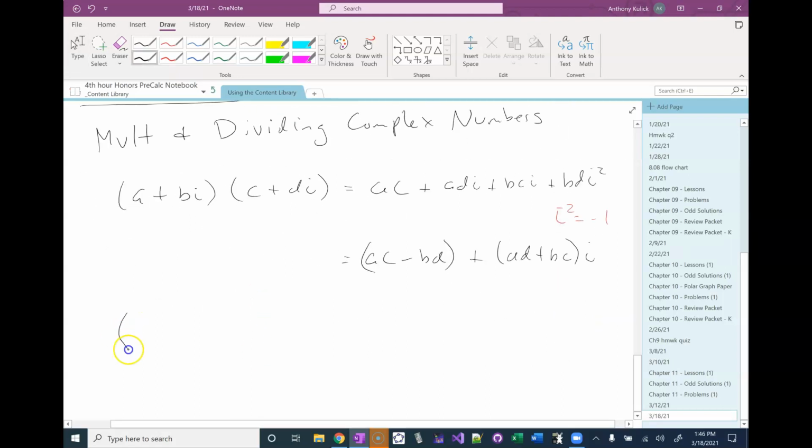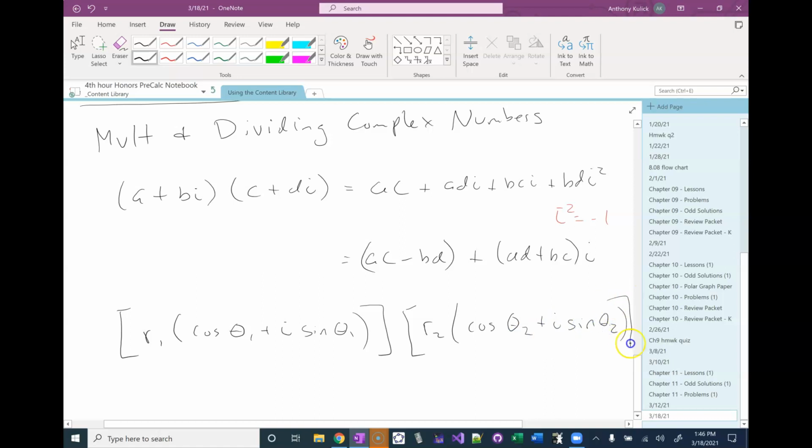If they're in the trigonometric form, so let's say we have r1 times cosine theta 1 plus i times sine theta 1, times r2 times cosine theta 2 plus i times sine theta 2.